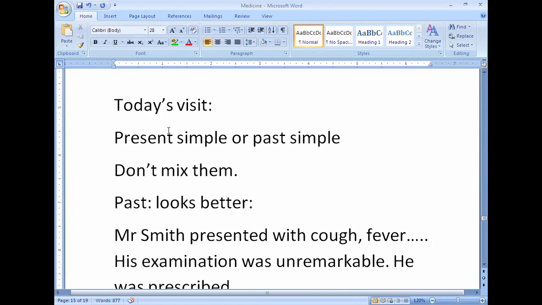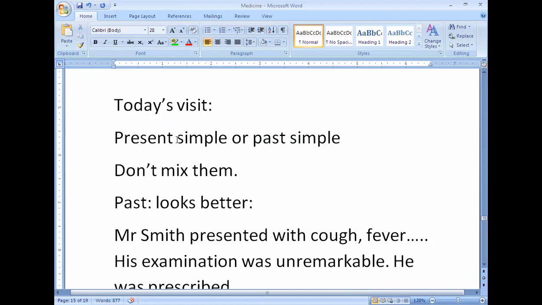So for today's visit, we can use present simple or past simple tense. But most of the students mix them. For example, he presented with cough, sputum, and hemoptysis. Though he presented, okay, past tense.